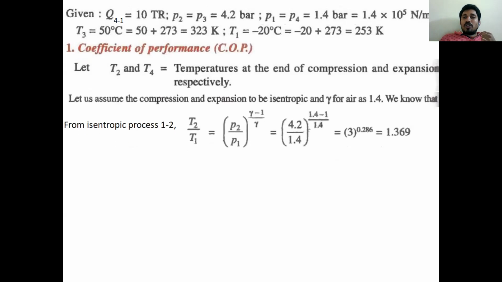For isentropic process 1, 2, we know the relation between temperatures and pressures, which we clearly discussed in thermodynamics and in the previous class also. The relation is T2 by T1 is equal to P2 by P1 power gamma minus 1 by gamma, where gamma means the adiabatic index.